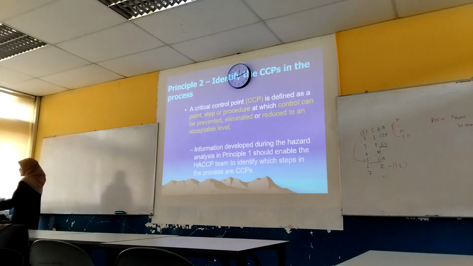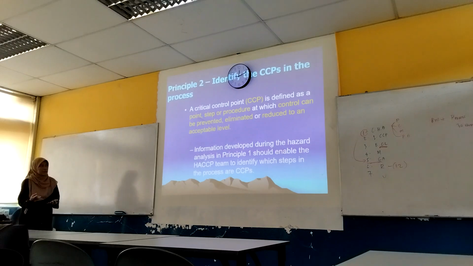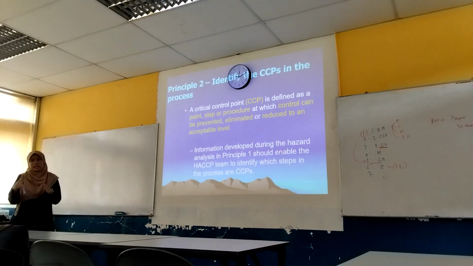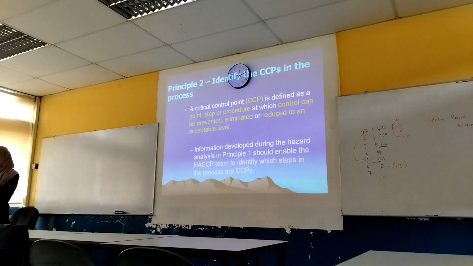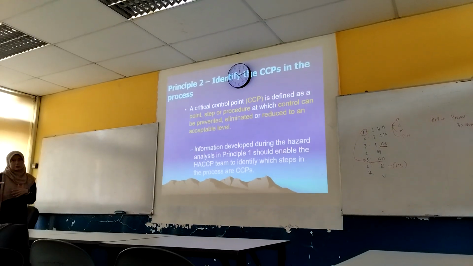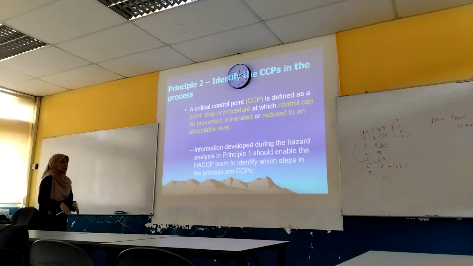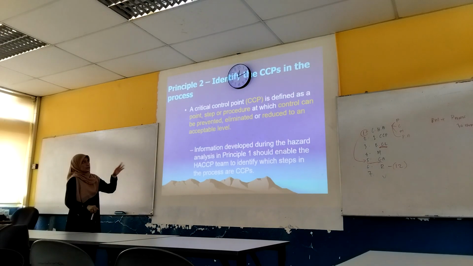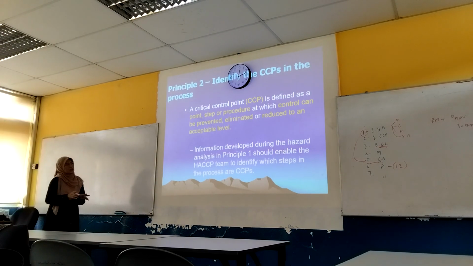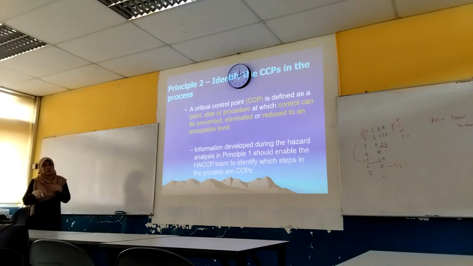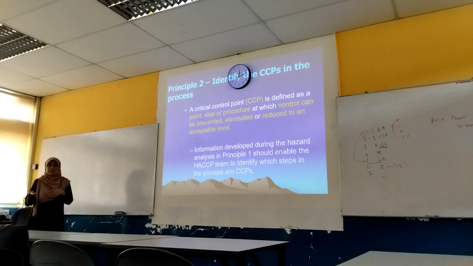Usually for a CCP, you need to have a hazard, and at the end or the next process, there will be a step on how you can control it, with preventive measures. How you can stop the hazard, right? So basically, a CCP is a point, and when we talk about a point, it's more towards the process.